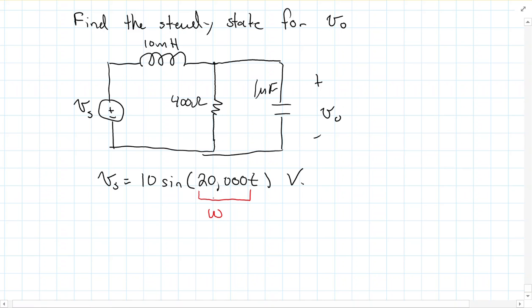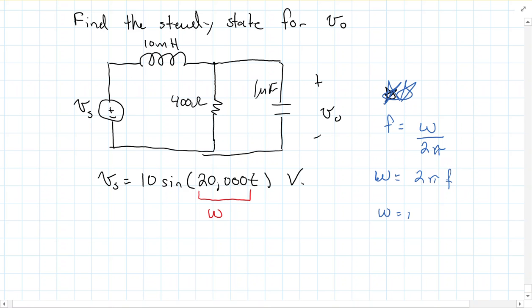This is something that's easily missed in problems that we'll see in some future examples, so I'm going to put this off to the side and star it here. Frequency is equal to omega over 2 pi. Or you can think of it as omega is equal to 2 pi times f.